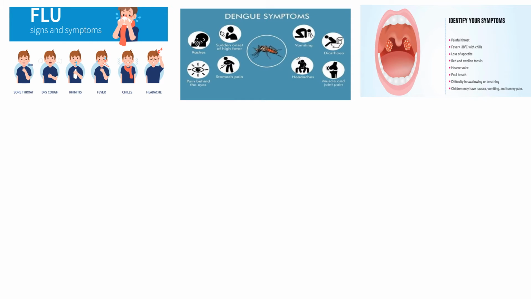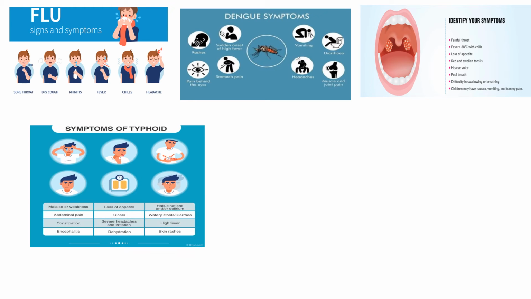In tonsillitis, which is most common in children, on examination you will find that the tonsils are enlarged and swollen. In typhoid fever also you get remittent fever, but there is a characteristic of fever in typhoid, that is a step ladder fever, in which there is a continuous increase in temperature associated with abdominal pain, constipation or diarrhea and weakness.